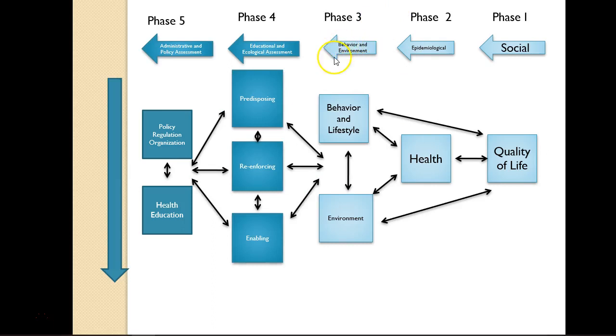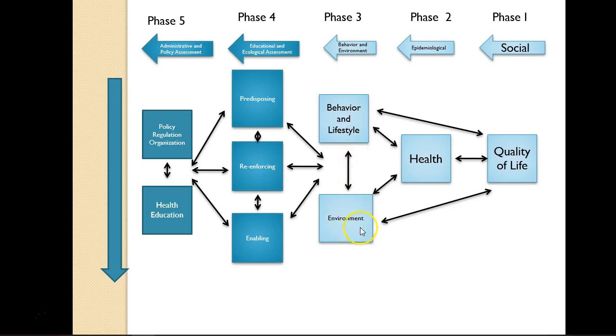The next piece is the behavior and environment piece, and that's related to what you find in the epidemiological data. The data you find is either going to be related to behavior and lifestyle, or it's going to be related to environment, and sometimes it's related to both. All of your grants, I believe, ask you to address environment as well as behavior and lifestyle.